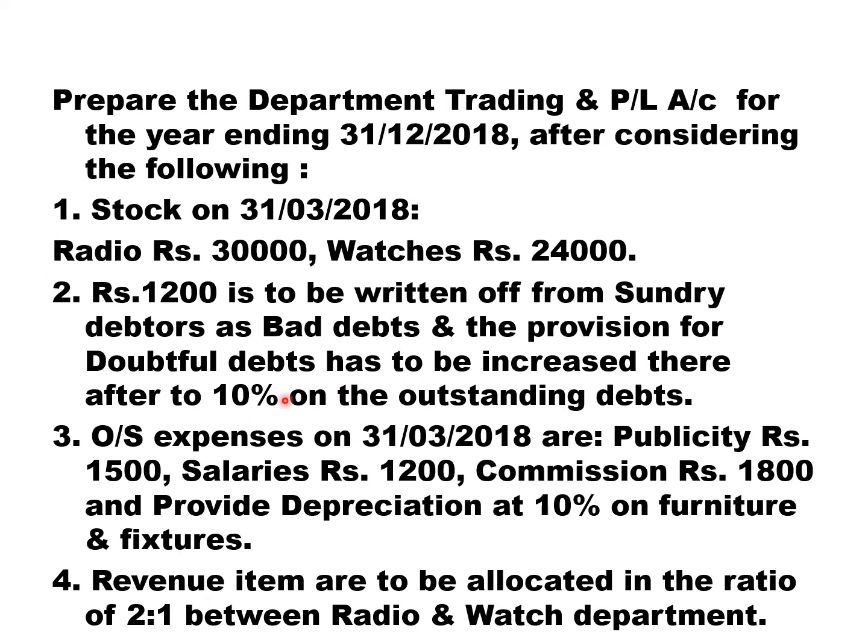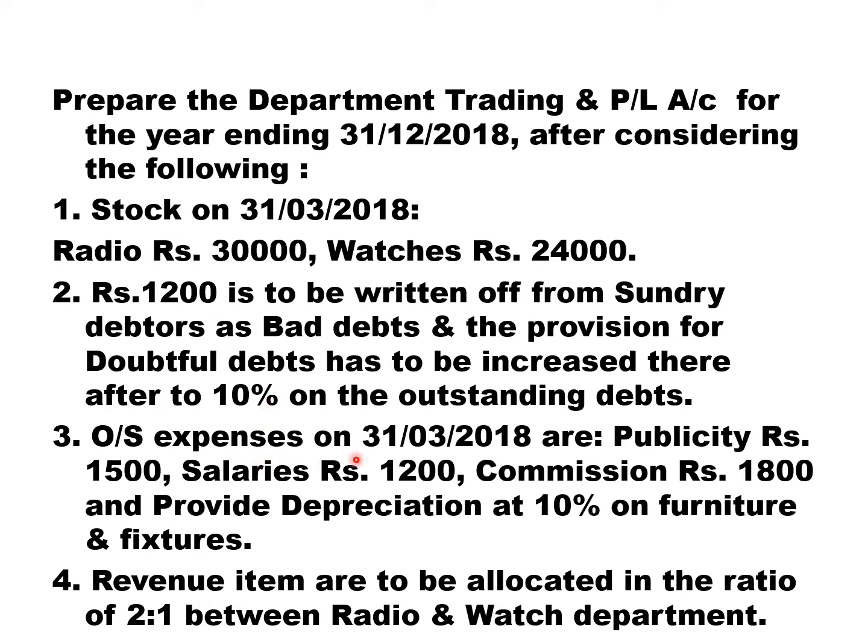RBD given in adjustment is new, which we discussed in the previous slide. RBD 900 given in trial balance is old. So this RBD 10% given in adjustment is new. So we have bad debts 1,200 and new RBD 10%.